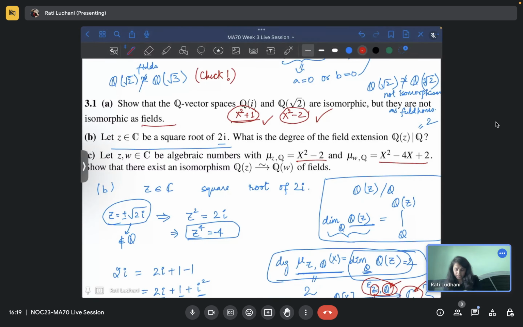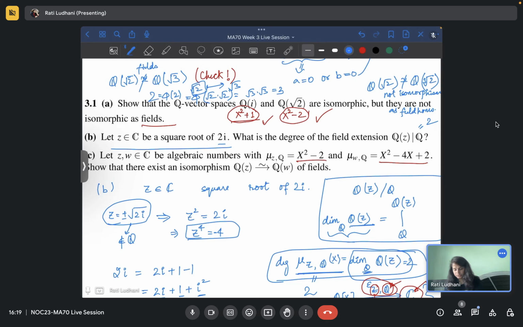I'm not sure, but I think these are not isomorphic. If you take this map φ, let's see what will happen. If you multiply √2 into √2, and take φ of that, that should be √3 into √3, that is 3, and this is equal to φ of 2, and that is 2. So these are not the same.